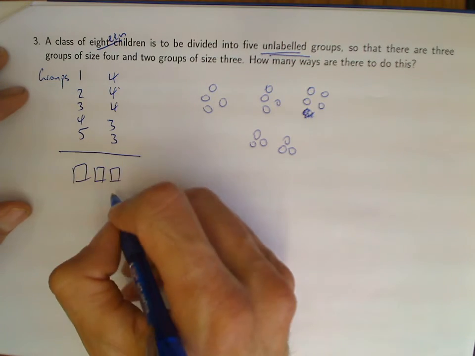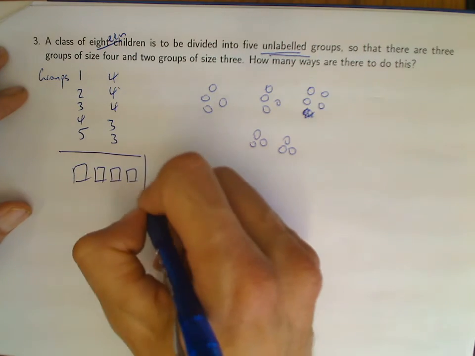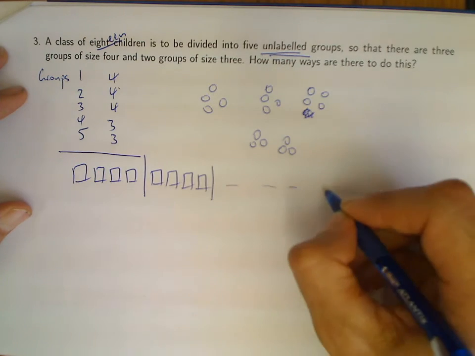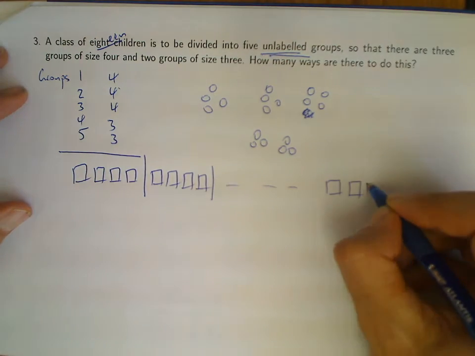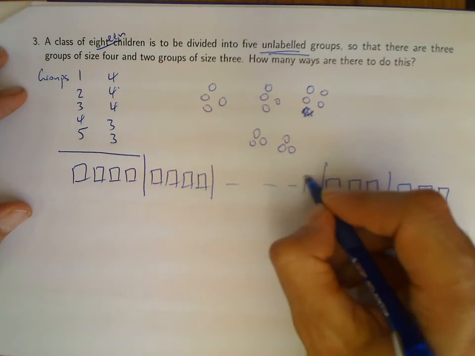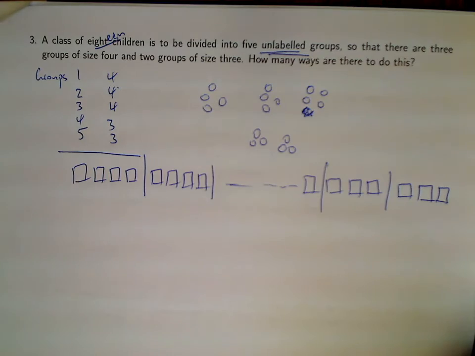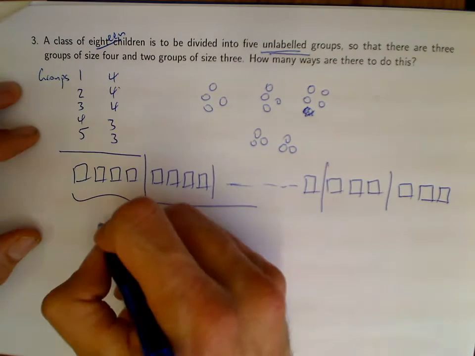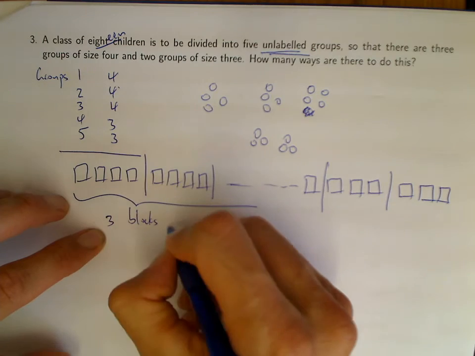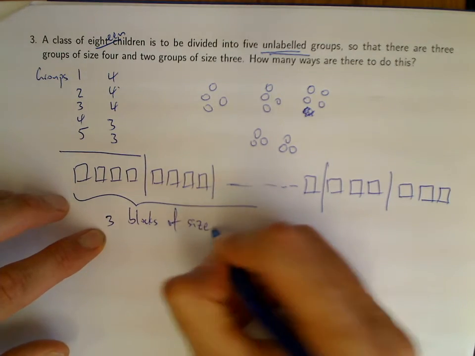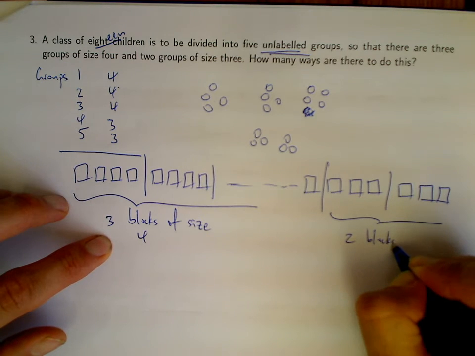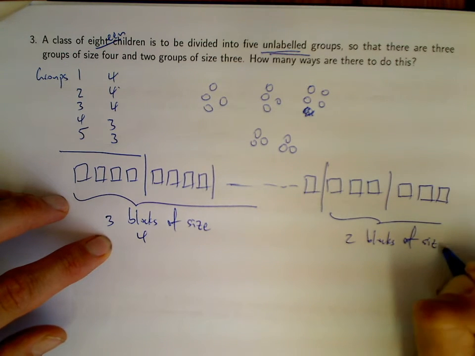So we'll have 4 boxes, and then a line, and then 4 boxes, and so on. And at the very end, we'll have boxes of size 3. Right, and so I've got 3 blocks of size 4, and at the end I've got 2 blocks of size 3.